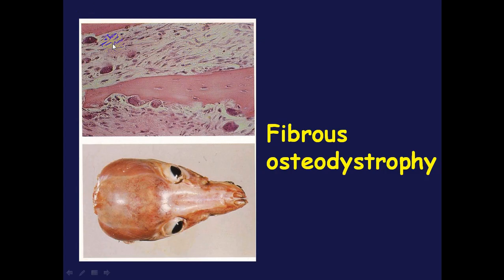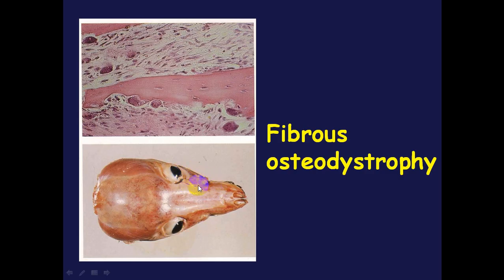Usually this fibrosis or fibroblastic tissue will make an irregular surface, and it will make an asymmetric swelling in some parts of the bones, in particular thin bones. For example, bone in the face, this is bone just under the eye or the maxilla.